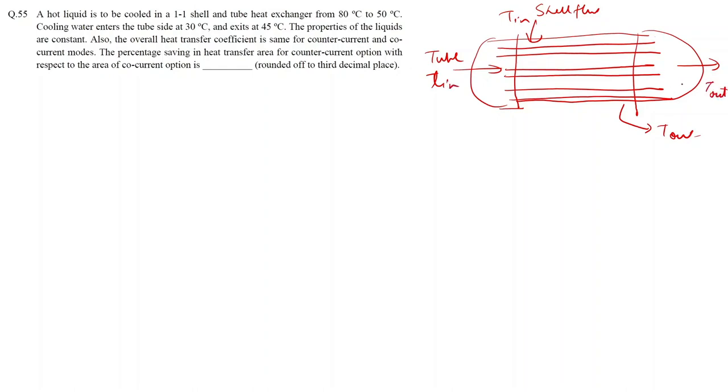Now if the direction of both the shell side fluid and tube side fluid is the same, this is my co-current flow, and if I introduce the shell side fluid from over here and bring it out from over here, then the flow direction will be opposite, and that will become my counter current flow.